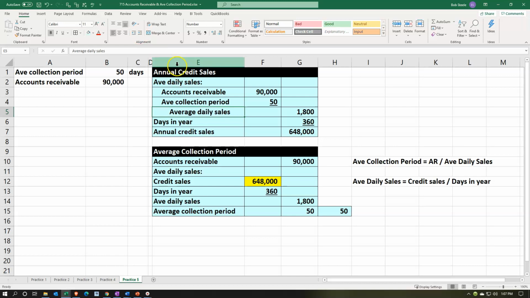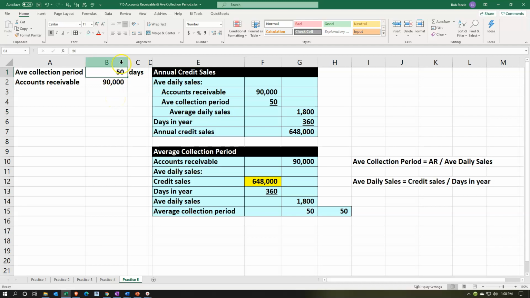So once again, you might think that you have to memorize this annual credit sales formula. Normally, in normal circumstances, you wouldn't be calculating the annual credit sales if you were analyzing financial statements, because it would be on the financial statements and you would be working out this number.